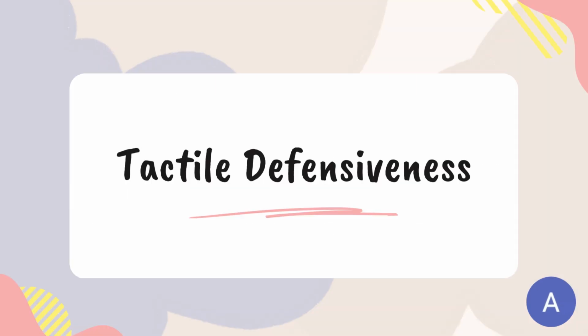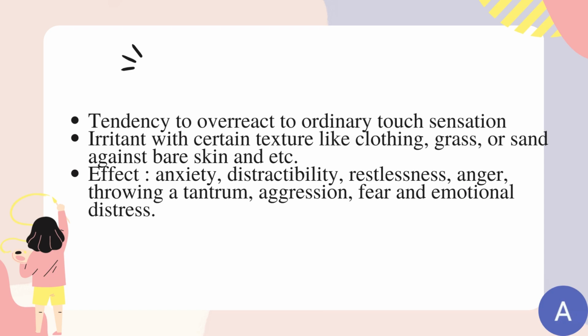Under over-responsiveness, we have one that we call tactile defensiveness. I will explain more about this after this slide. As we know, tactile is related to the sense of touch. So usually the child is sensitive to things they must touch, for example the texture of clothing, grass or sand, and others.